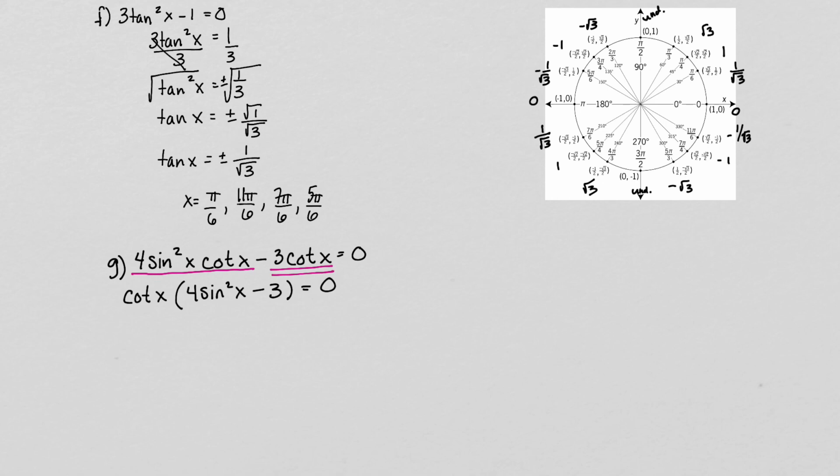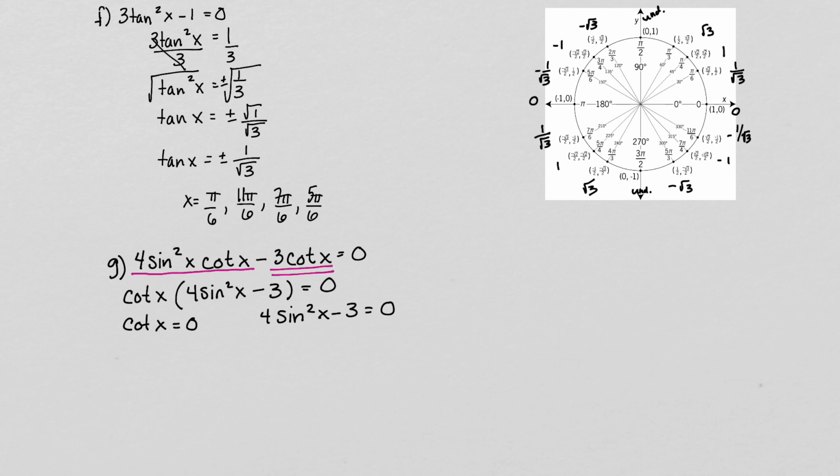And then we did a problem already where we had one trig function times another trig function. So we're going to set each of these pieces to 0. So the cotangent of x is going to be equal to 0, or 4 sine squared x minus 3 is going to be equal to 0. So cotangent of x equal to 0. Remember, cotangent is x over y. And you essentially could flip all of the tangents.